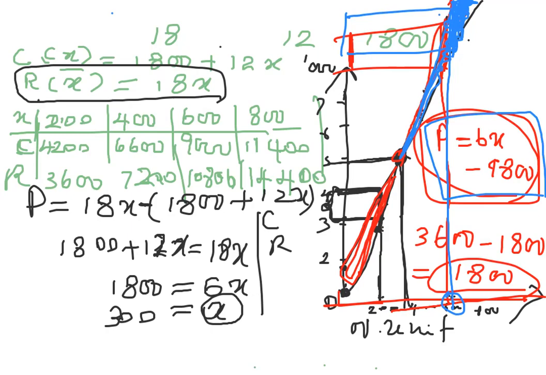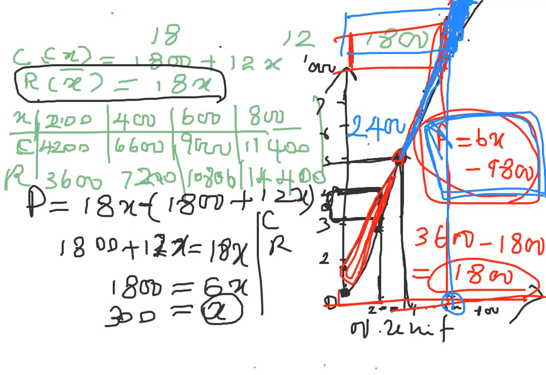So this is our profit function, right? For this case, what we want to do is equalize. Instead, we have to put in here the given profit.